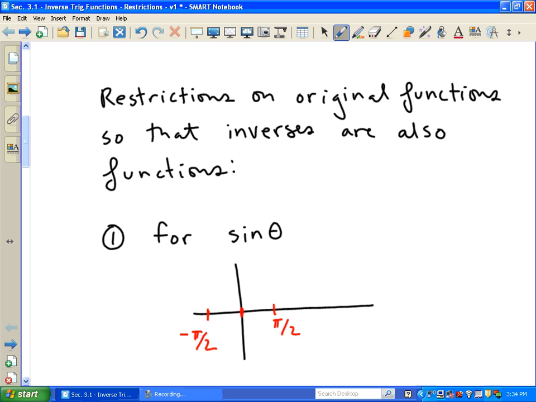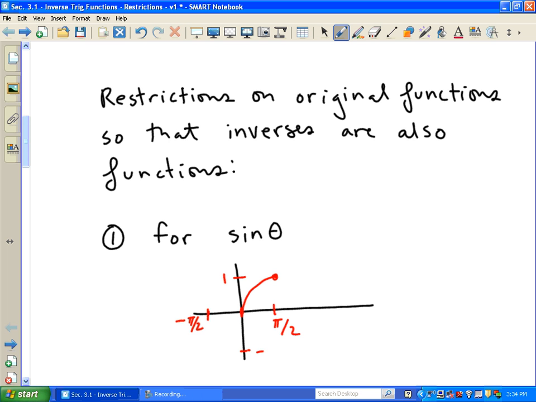Okay. On the right-hand side, the sine function looks something like this. It goes up to 1, and above that quarter point of pi over 2, the value is 1. On the left-hand side, we actually go down to -1. And let me move this pi over 2 over so I can see better.